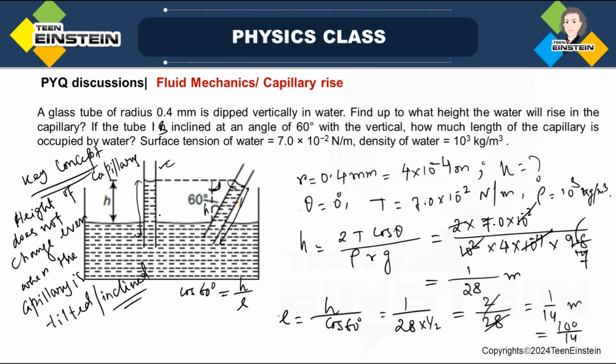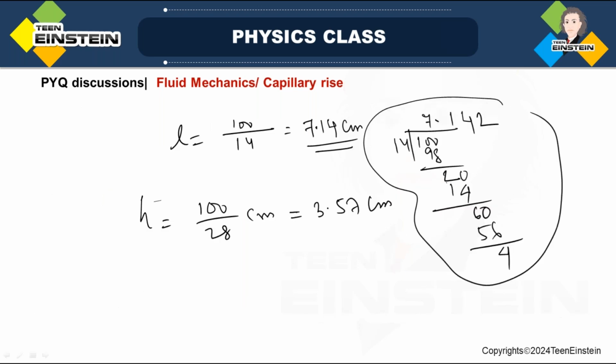This is also H. What is changing is the length of the capillary tube up to which the water will occupy. All right, I hope you have understood this.